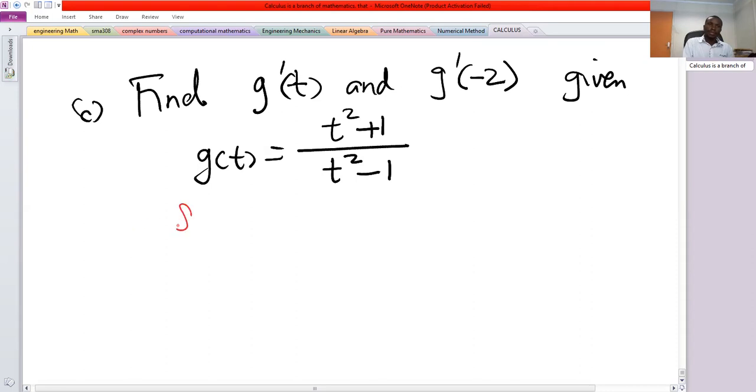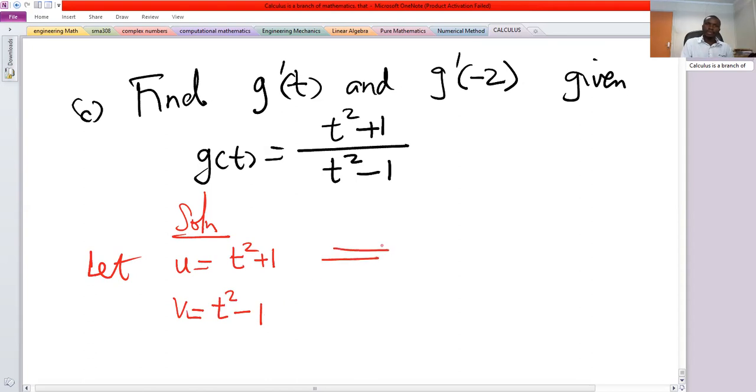So solution, let u be t squared plus 1 and v be t squared minus 1. So this means that u prime is 2t, and v prime is still 2t.